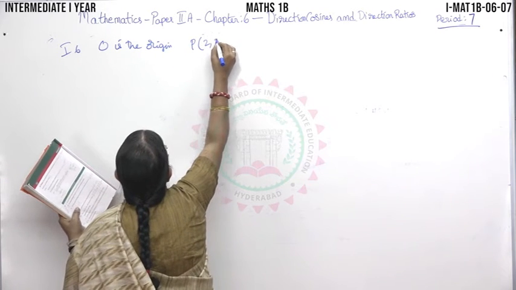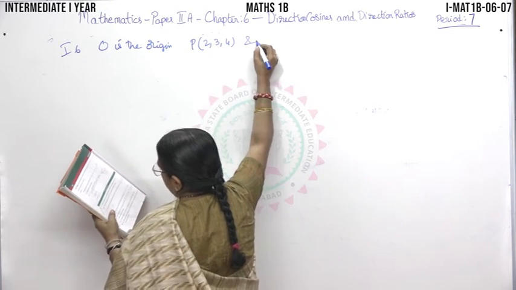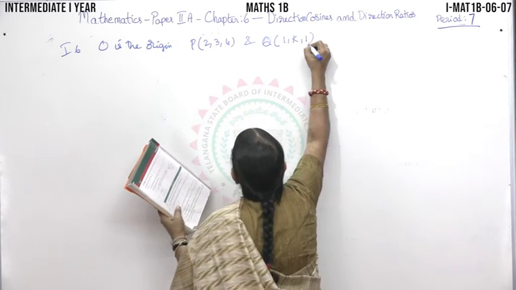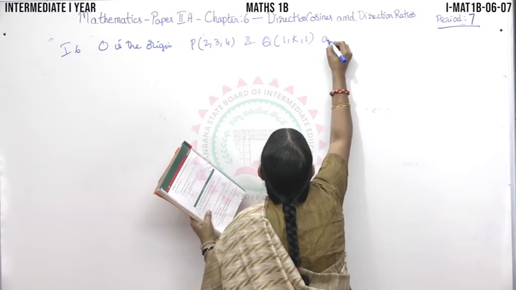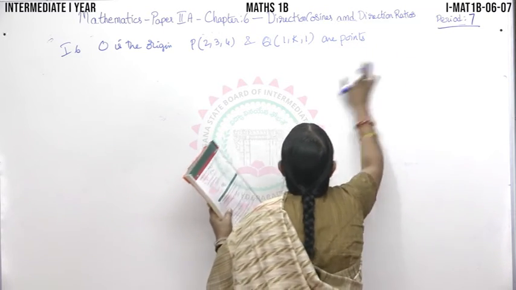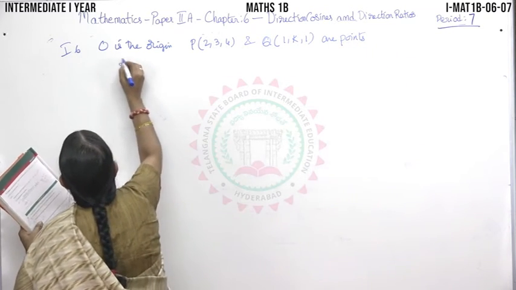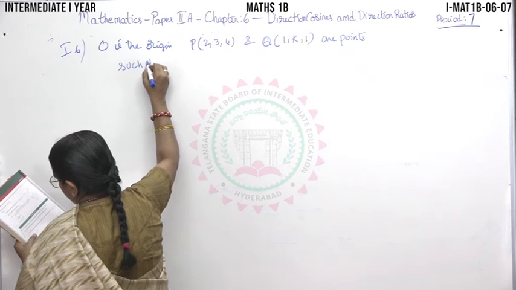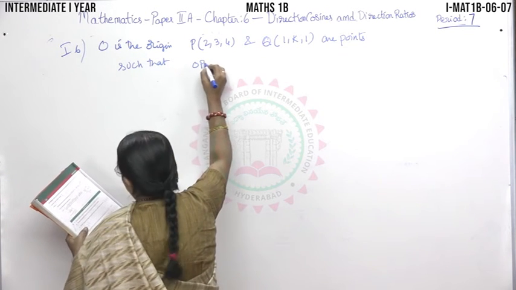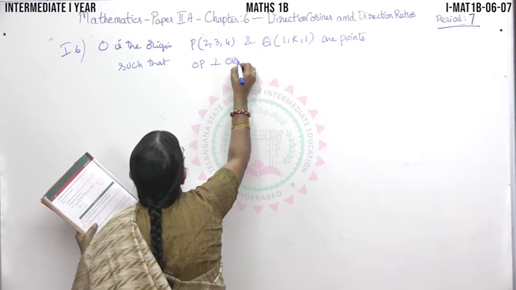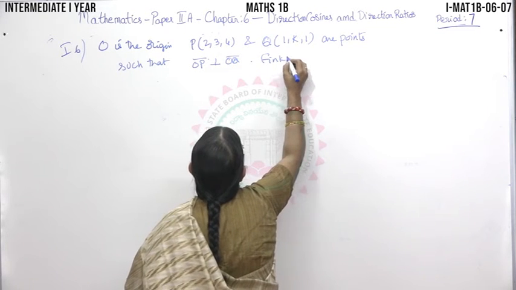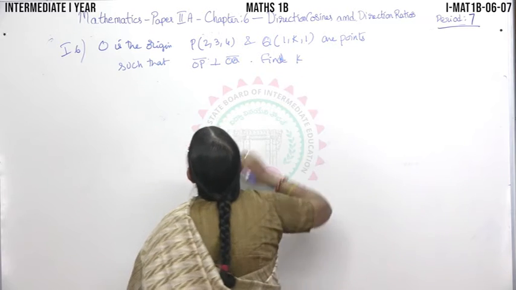P (2, 3, 4) and Q (1, K, 1) are points such that OP is perpendicular to OQ. O is the origin. So your question is, find the value of K.